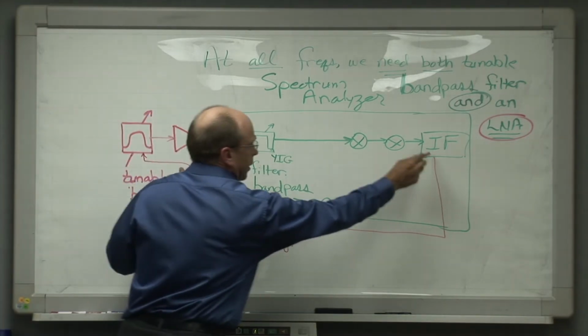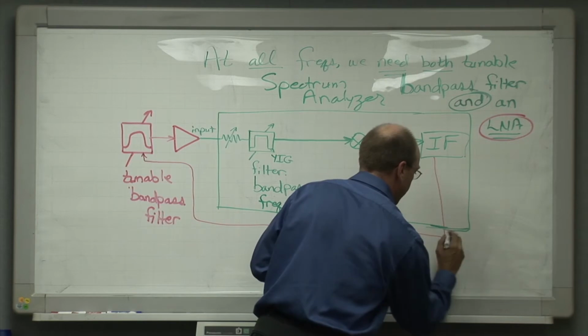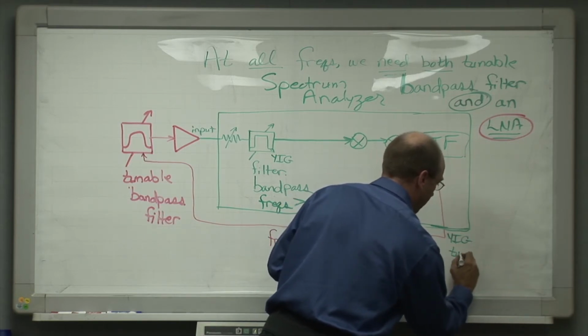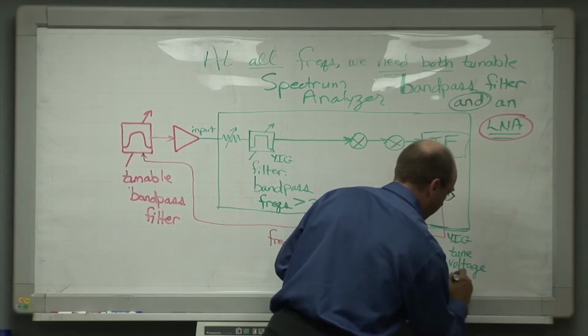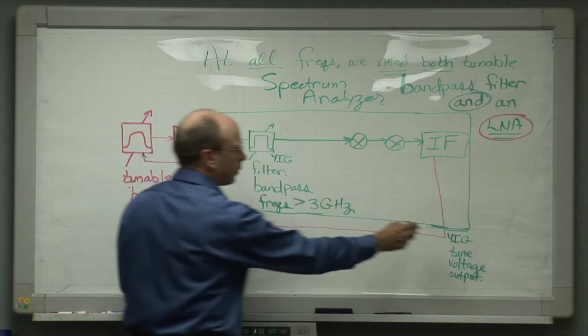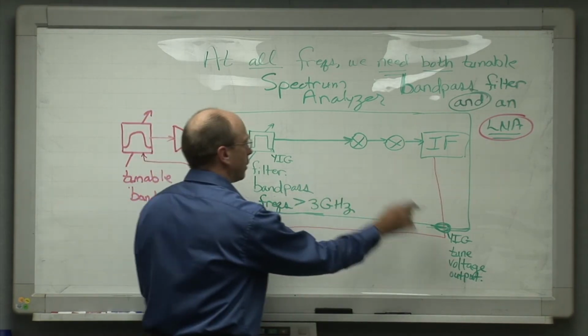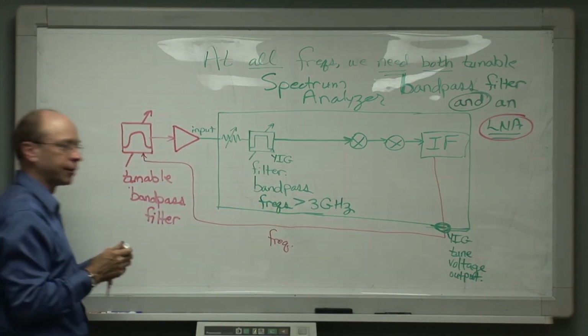So we run a logic line out of the spectrum analyzer, and luckily, many, if not all, spectrum analyzers have a YIG, yttrium iron garnet, tune voltage output on the back, where there's a voltage that comes out of the back of the spectrum analyzer, which is proportional to the tuned frequency of the spectrum analyzer, which can be used to control the tunable bandpass filter.